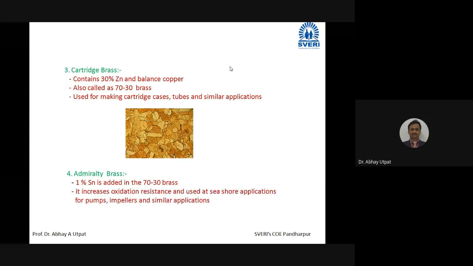Next, that is cartridge brass. What is the meaning of the word cartridge? Can anybody tell? Onkar Kale, what is the meaning of the word cartridge?